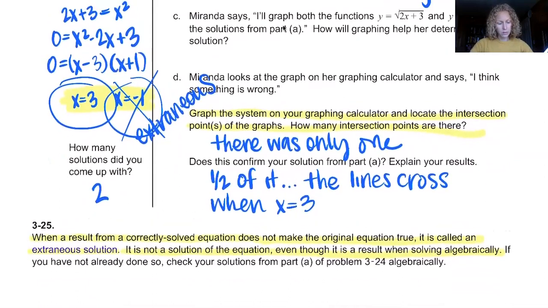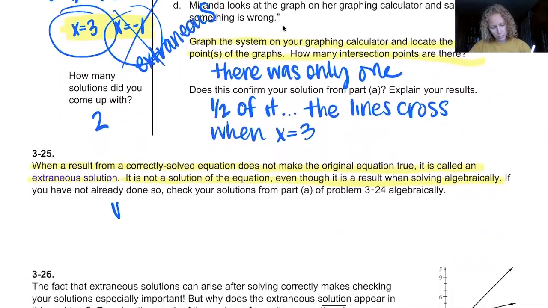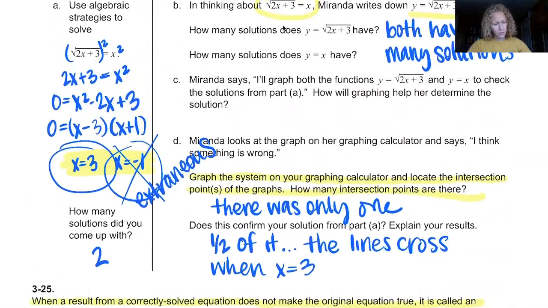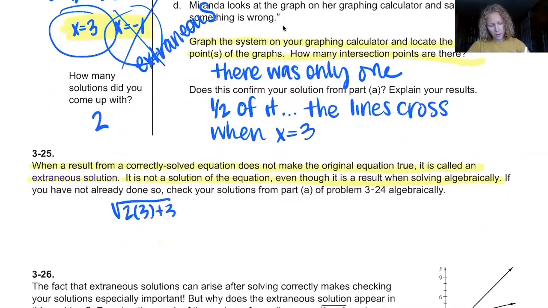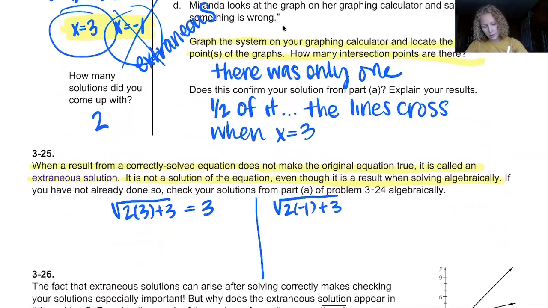So if we try to do this and plug in our answers, if we do the square root of 2 times 3 plus 3, is that going to equal 3? The other one is the square root of 2 times -1 plus 3, is that going to equal -1? Trying to decide. Well, this is 6 plus 3, so it's the square root of 9.